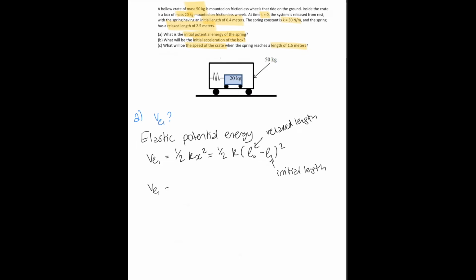So VE1 is going to be equal to half times 30 times (2.5 minus 0.4) squared, which will give us 66.15 joules.